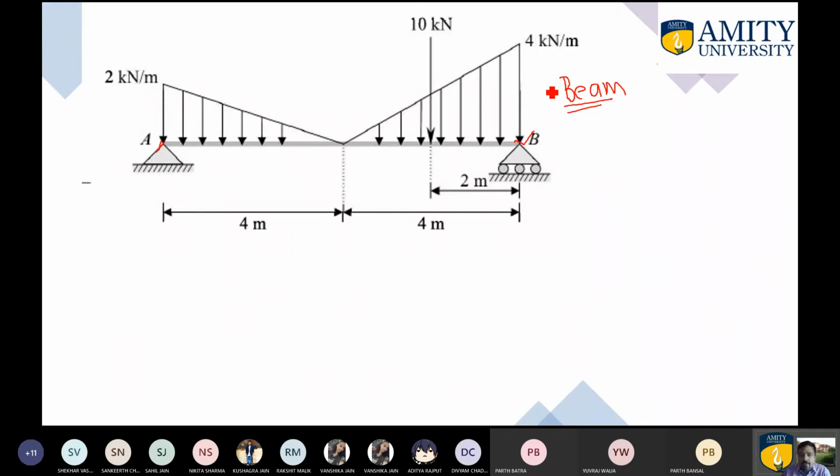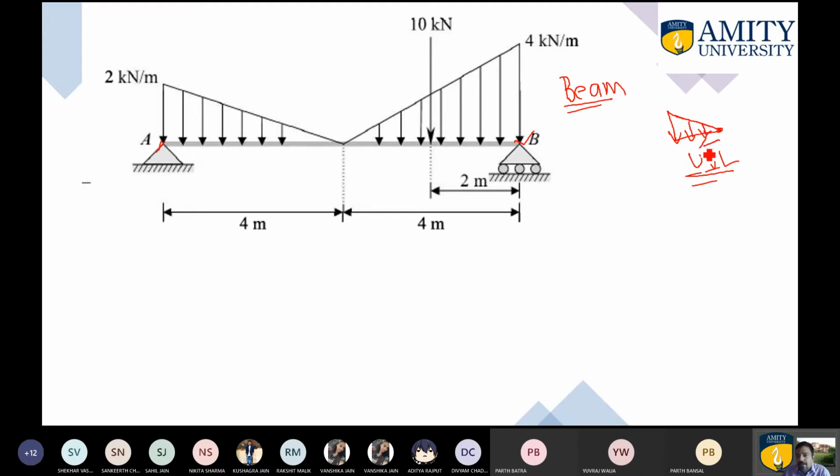This is loading number 1, which is triangular in nature. Whenever a load is triangular in nature, this type of load is basically known as UVL, uniformly varying load. All of you are familiar with this type of load. Why is it uniformly varying? Because at this particular point there is no load at all.